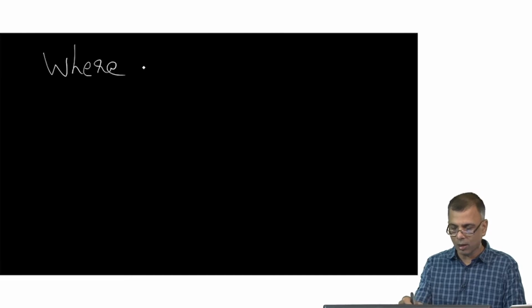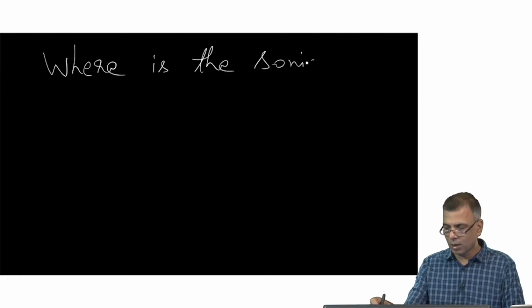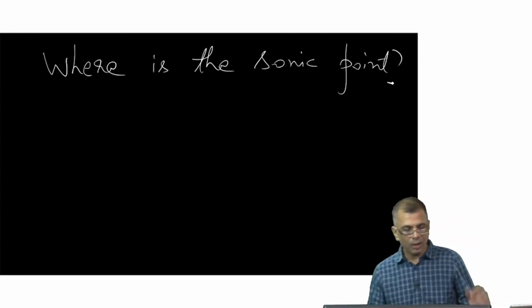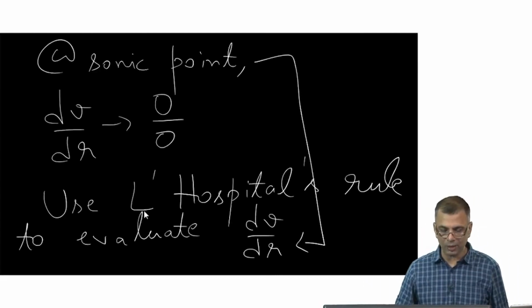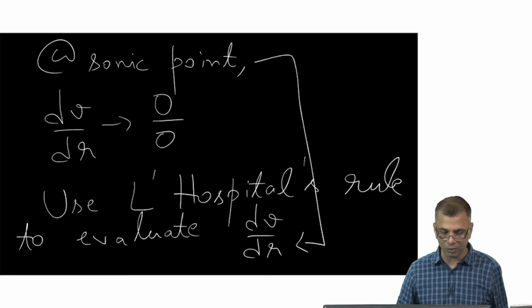Now, let us pay a little more attention to where the sonic point is. Okay, I probably jumped the gun in writing this. Okay, we will come back to this. It's evident how the denominator becomes 0.